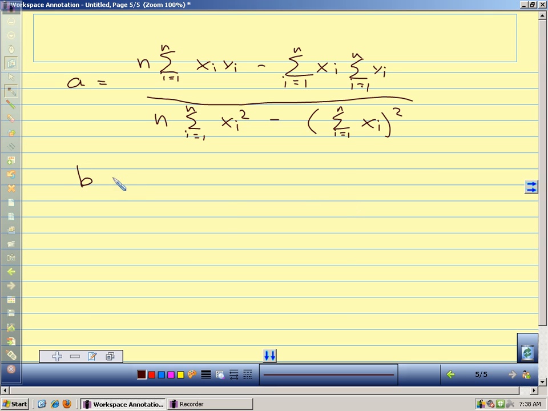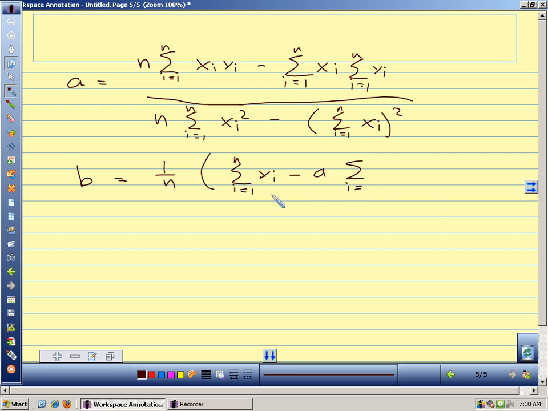And b comes out to be 1 over n times the sum i equals 1 to n of y_i, minus a times the sum i equals 1 to n of x_i.